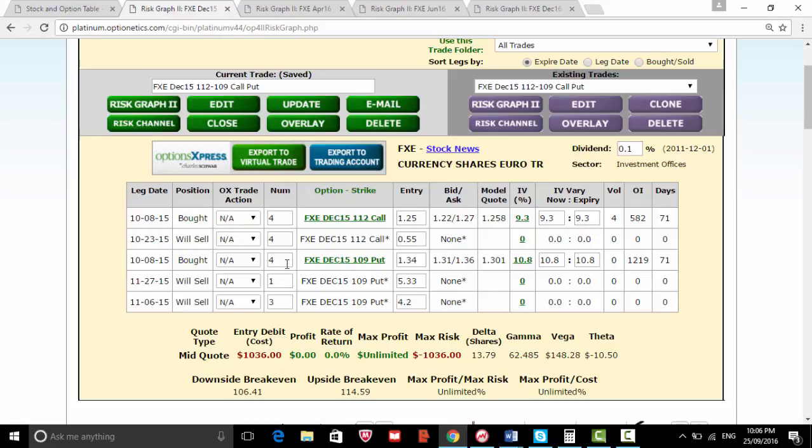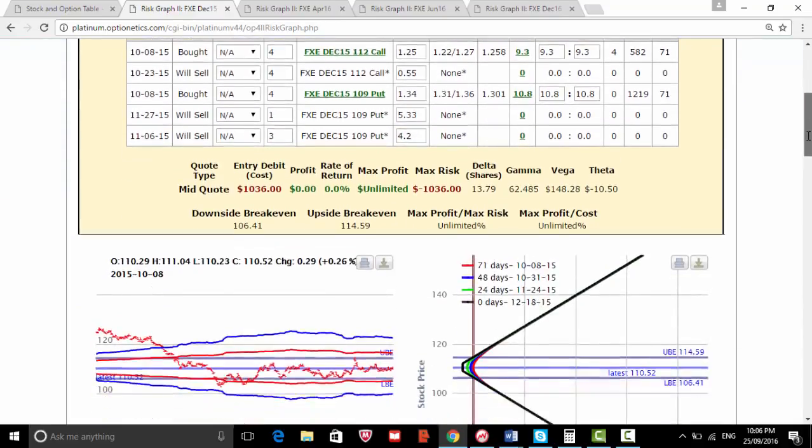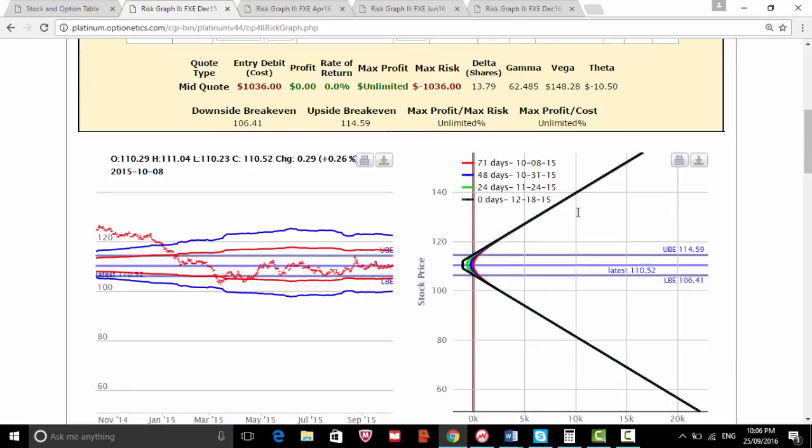To have the position in line with my own risk tolerance, I bought 4 contracts for a total investment of around $1,000. Now, if I scroll down to show you what the risk graph looks like, it looks like this, where I can basically profit if the stock, in this case the ETF, goes up.